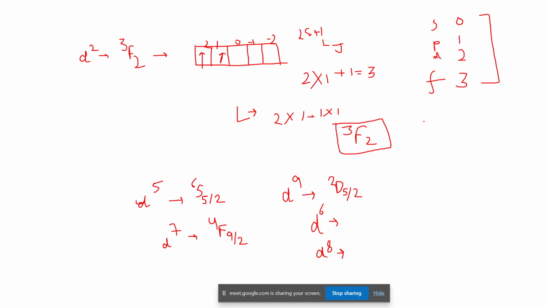So basically, we are calculating the ground state term symbol. How will we represent these term symbols? It is represented by 2S plus 1, L, then J. First 2S plus 1, S is the spin. You know, the spin can be half or minus half.